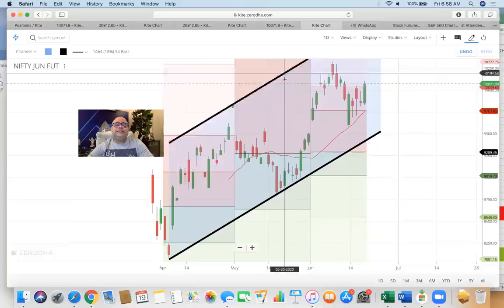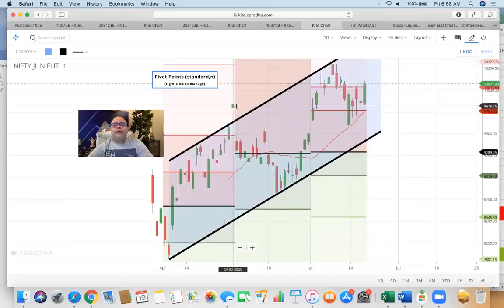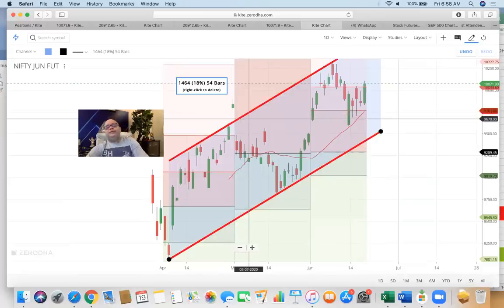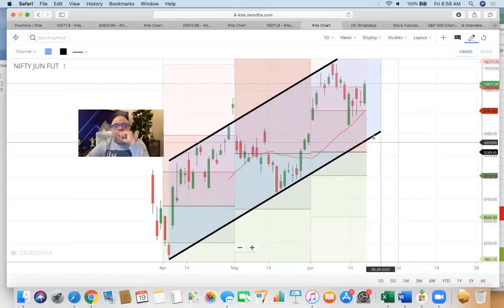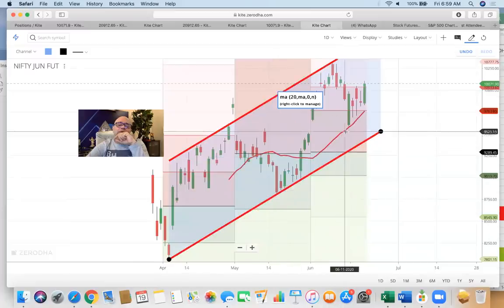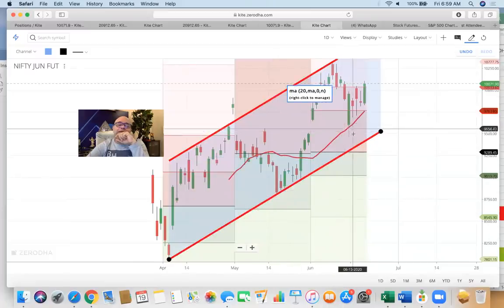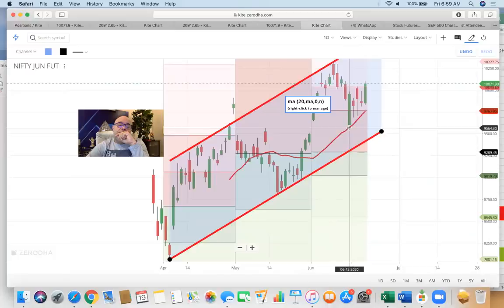So this is your channel. I would ignore that 9877 bar, this one, because this is an outlier. Now, what is observed here is that this time around, in this channel, the price did not come to the bottom end of the channel, and it has reversed from a higher zone.